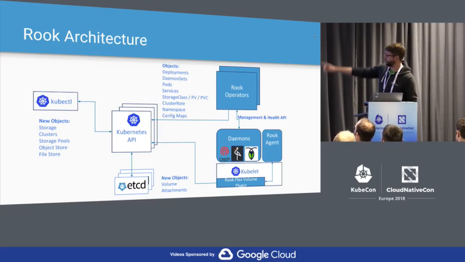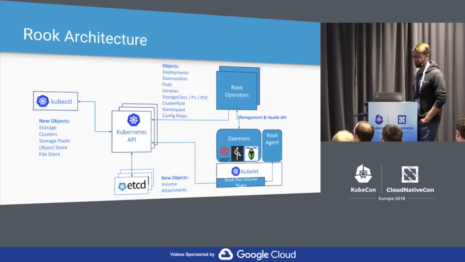If we look at the bottom right of the image here, we see that there's also a volume plugin that talks to the kubelet when there's a dynamic request for storage.